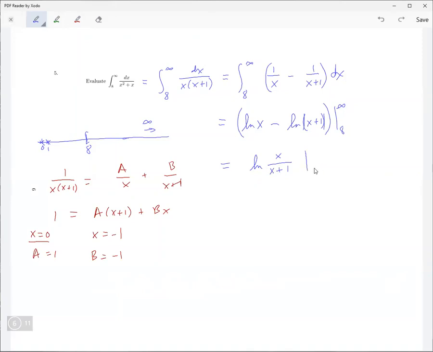Okay, and that's going from 8 to infinity. Now, as you go to infinity, so this upper limit can be expressed this way. The lower limit, we plug 8 in.